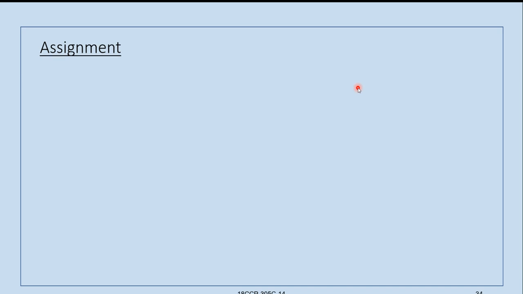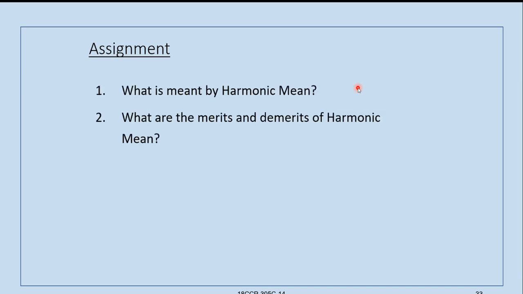Next, we will see the assignment. In the assignment, more number of questions are given. Something around 18 questions are given. First two being the theory questions. What is meant by harmonic mean? This you will get in the 1 mark question.